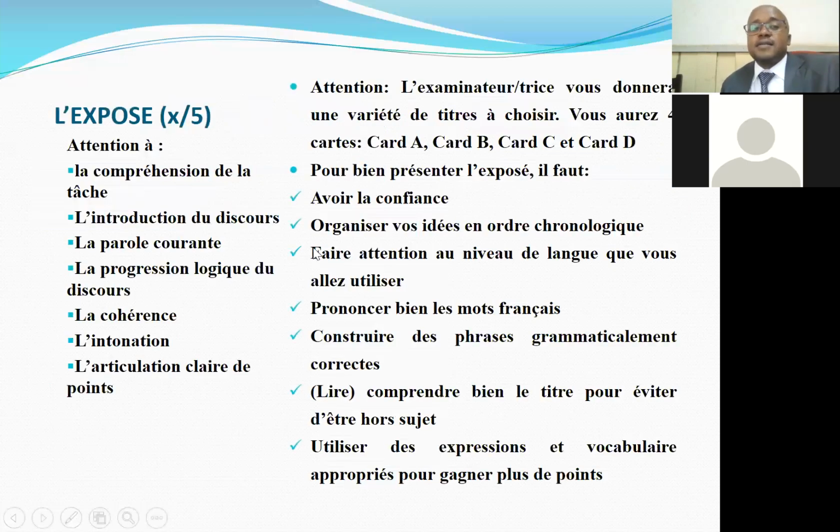We have 4 cards that the examiner will allow you to choose from. You will only choose one. So we have card A, card B, card C, and card D. The examiner allows you to choose only one. Now, that card contains a topic.